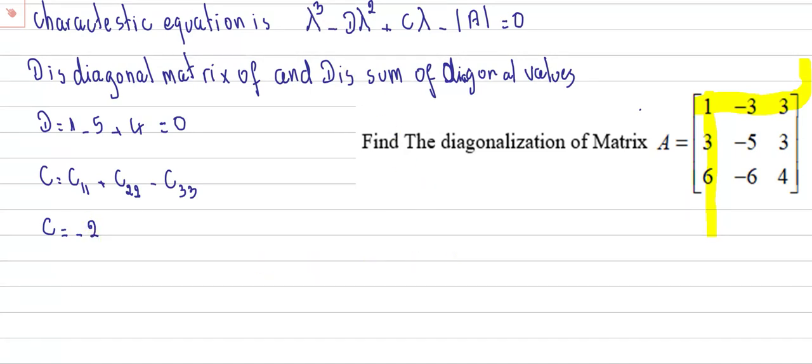And then C22. I omit this row and this column. So I get 4 minus 18, and 4 minus 18 is minus 14.